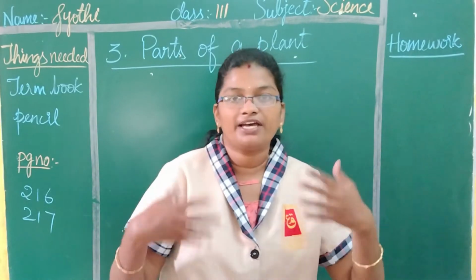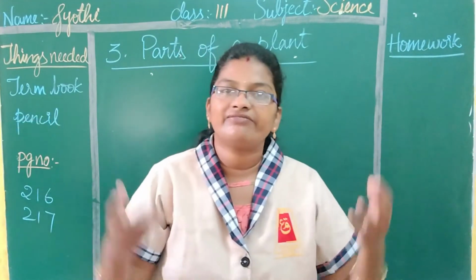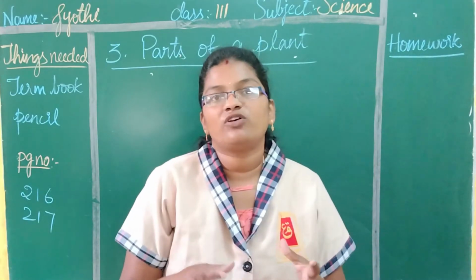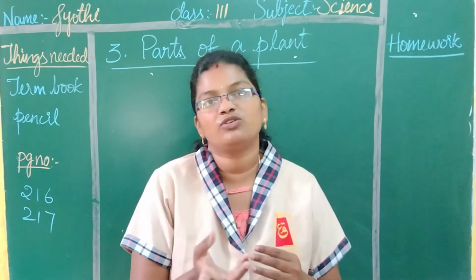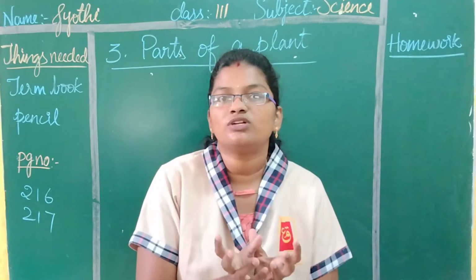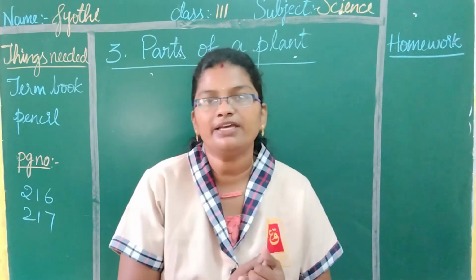I have one head, eyes, nose, mouth, arms, legs. Each and every part performs its role. Suppose if I want to hold something, can I hold it with my leg? No, I have to hold it with my hand.